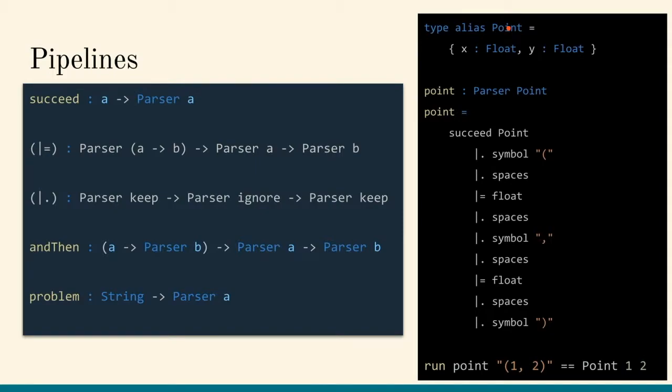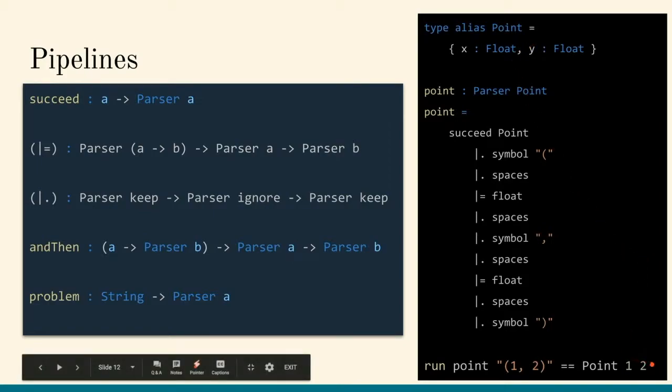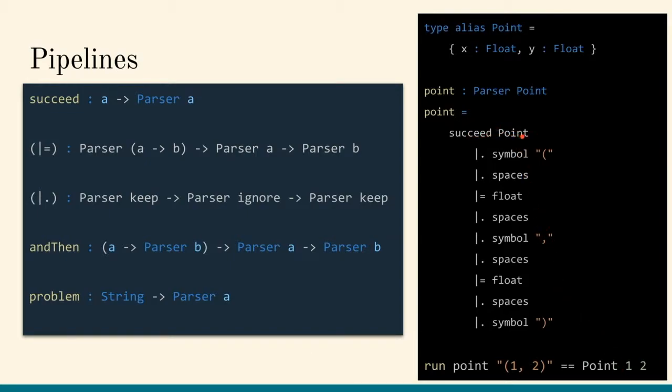Point is also a constructor function, because when you give point those values, you will get a value of point. If you pass 1 and 2 to point, you will get a point of x to 1, y to 2. So we get a parser point, this A, and we carry on.